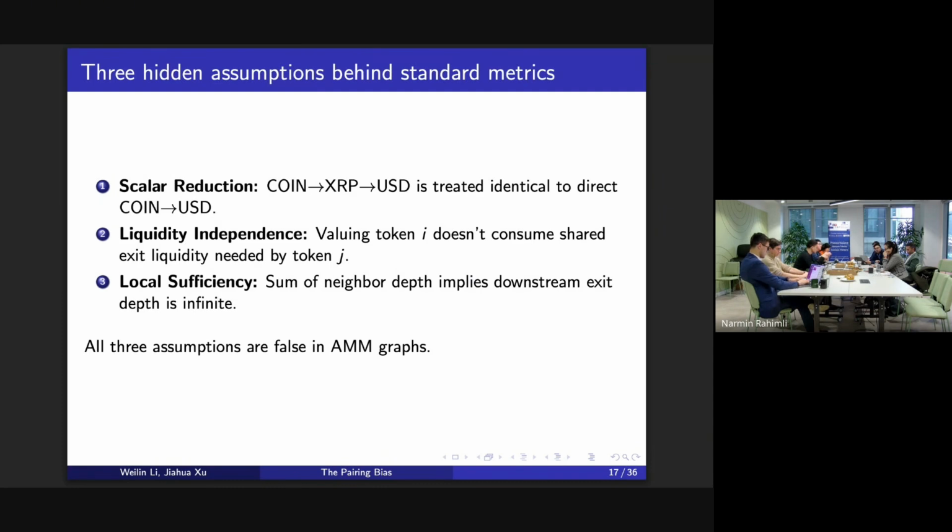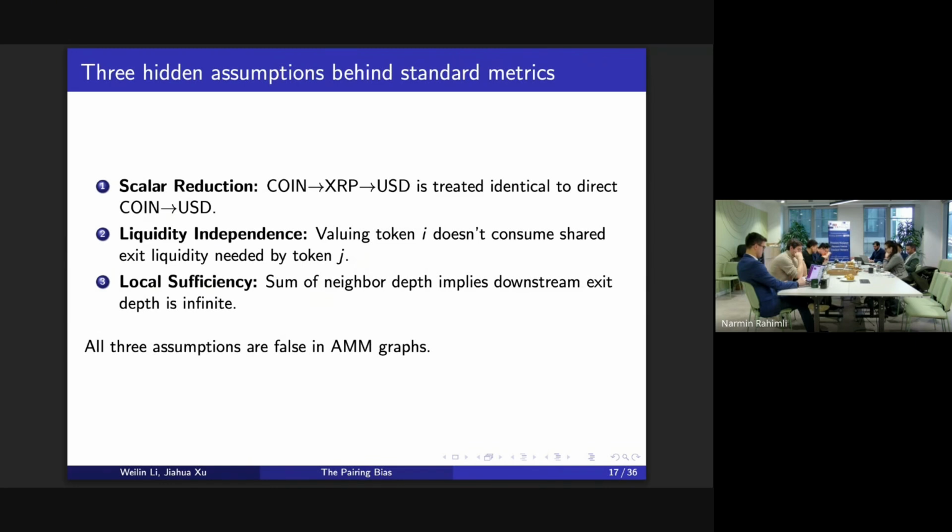Wrapped staked Ethereum has a 10 trillion market cap. But when you combine them, is it really 110 trillion? No, because when you exit from wrapped staked Ethereum, you need to go through Ethereum. You just unstake and sell the Ethereum. So that's where the problem happens. The liquidity is actually bottlenecked by Ethereum to USD, not by wrapped Ethereum to Ethereum.